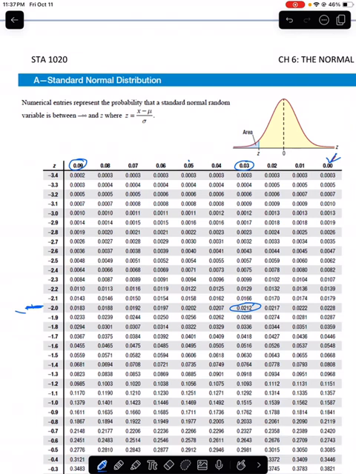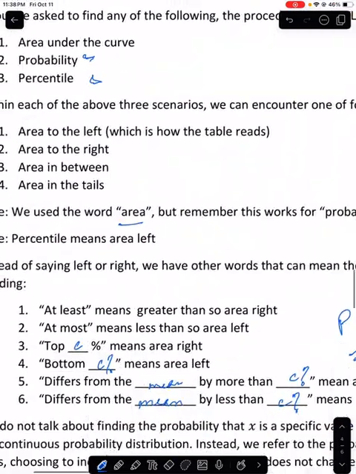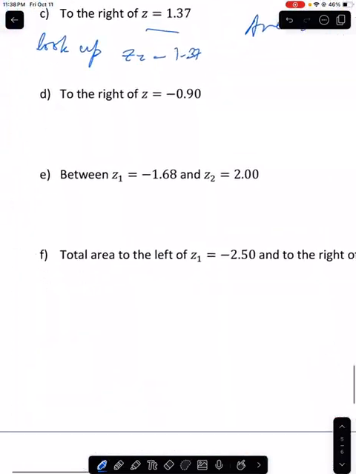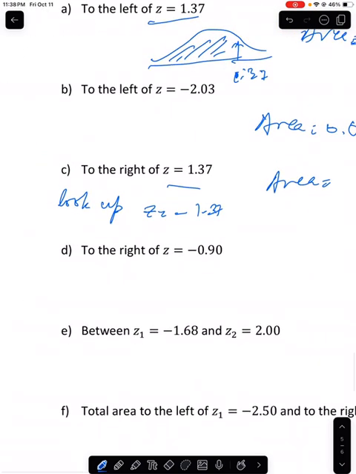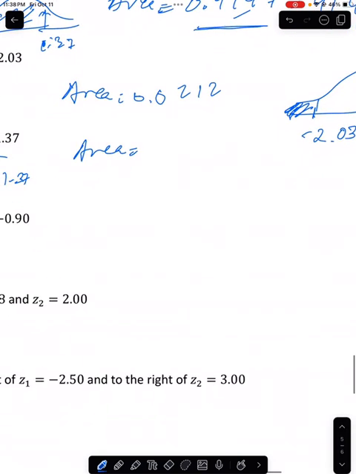So we are getting 0.0853. Okay, so we write that down. Area is equal to 0.0853. I hope this makes sense.